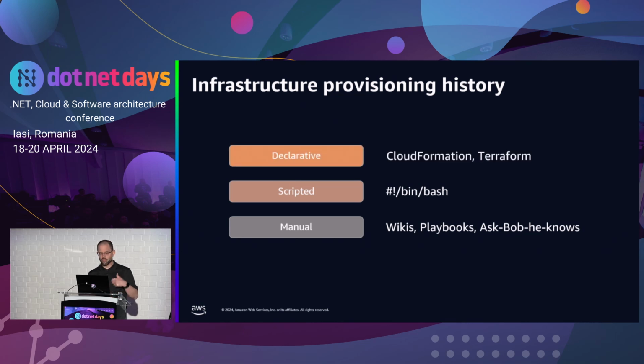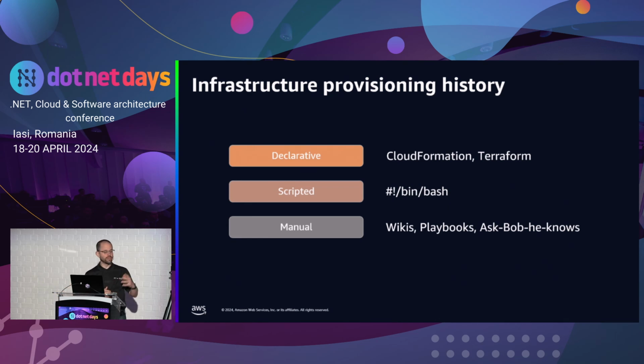And they also tried to automate with declarative tooling like CloudFormation or Terraform. The idea is really to declare in a YAML file, or an HCL file for Terraform, the infrastructure you are expecting, and the tool automatically deploys this infrastructure for you.